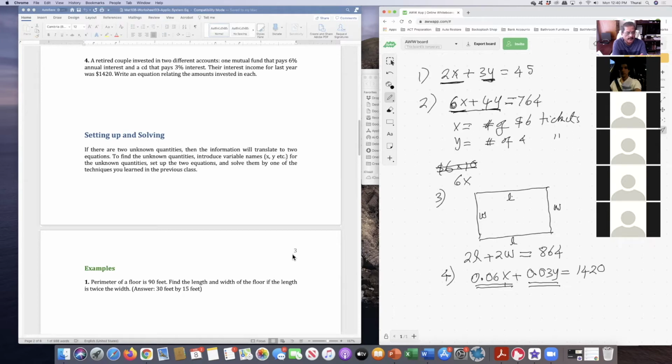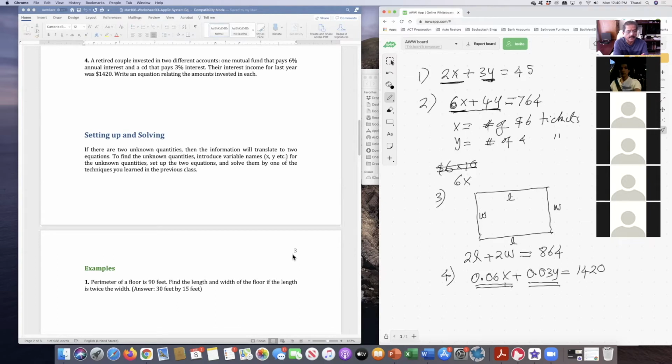Then you have the system of two equations ready, and you go ahead and solve them using one of the methods we learned in the previous class to find the individual values of x and y, the unknown quantities. Then you interpret them. In other words, exactly what they represent must be used to answer the question.